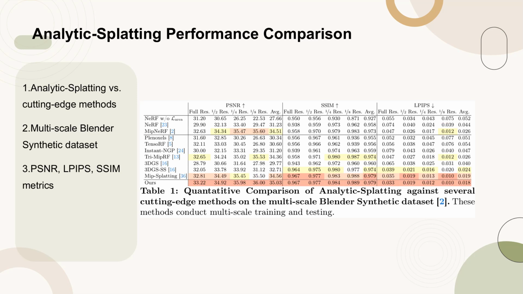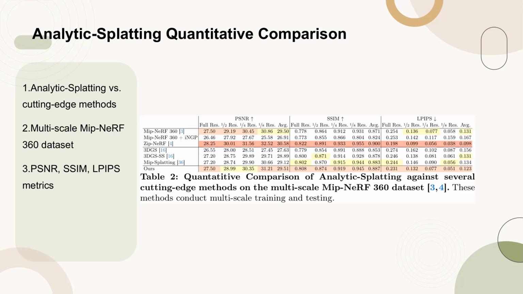capabilities. Table 1 presents a quantitative comparison of analytic-splatting against several cutting-edge methods on the multi-scale Blender synthetic dataset. The methods included in the comparison conduct multi-scale training and testing. The table highlights key performance metrics such as PSNR, peak signal-to-noise ratio, LPIPS, Learned Perceptual Image Patch Similarity, and SSIM, Structural Similarity Index.